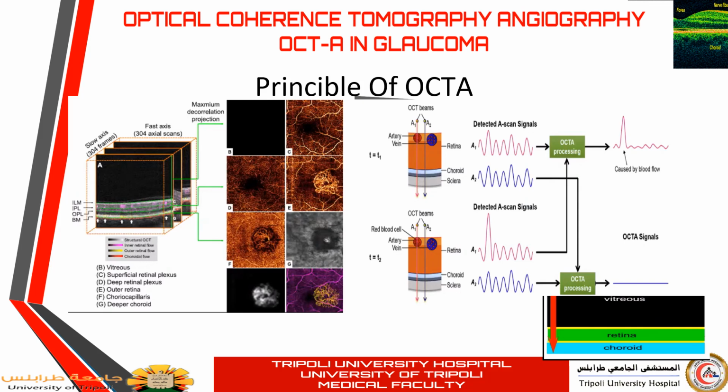Now the signals from the two images are put together and then undergo subtraction and certain processing to give you the decorrelation signal on the right side here. This decorrelation signal undergoes further processing, so that gives you the final picture in the OCT angio. This is the principle of OCT angio, that we add a fourth dimension, that's the time, in the measurement of the retina.